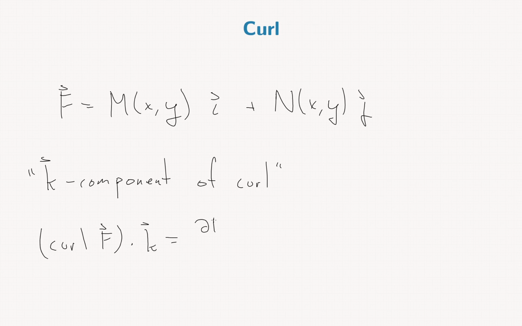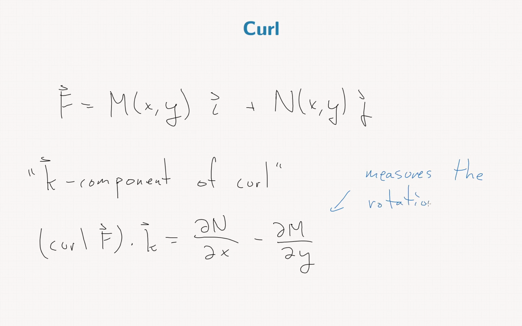This was ∂N/∂x minus ∂M/∂y. And this measured the rotation which is caused by the vector field F. So we had this paddle wheel interpretation.